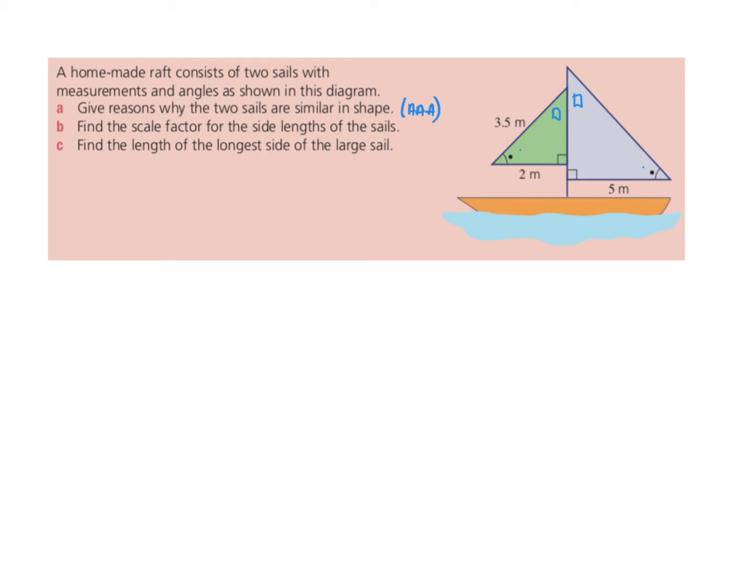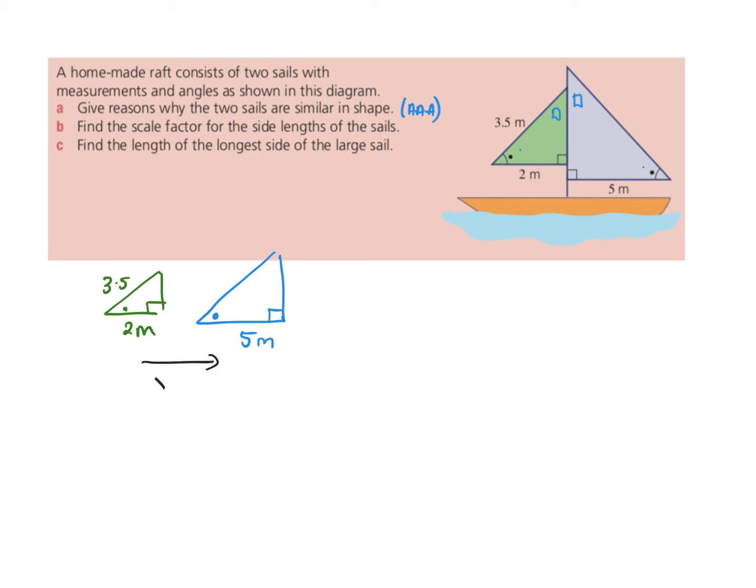All right, what is the scale factor? So let's go from the green triangle up to the blue one. Okay, so on the blue one, if I put the right angle at that dot, it is 5 meters, and on the green one, at that dot, it's 2 meters, and they're saying this is 3.5. So what did they times it by? 2 times what gives 5? 2.5.